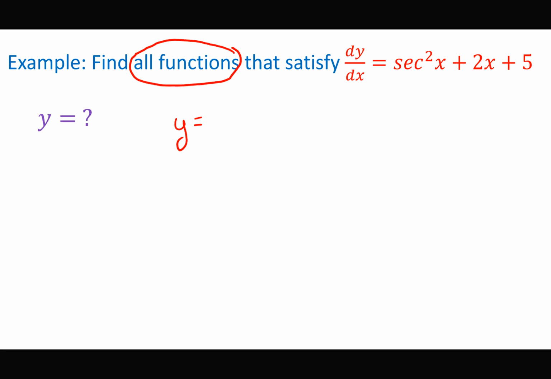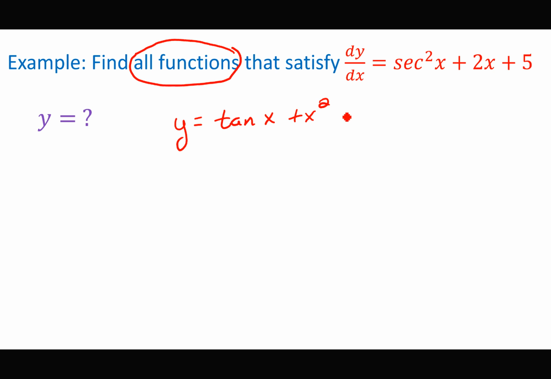Okay, so we're trying to find our function y. So we're going to anti-differentiate, or find the antiderivative of each piece. So what's the antiderivative of secant squared of x? Tangent of x. The antiderivative of 2x, x squared.